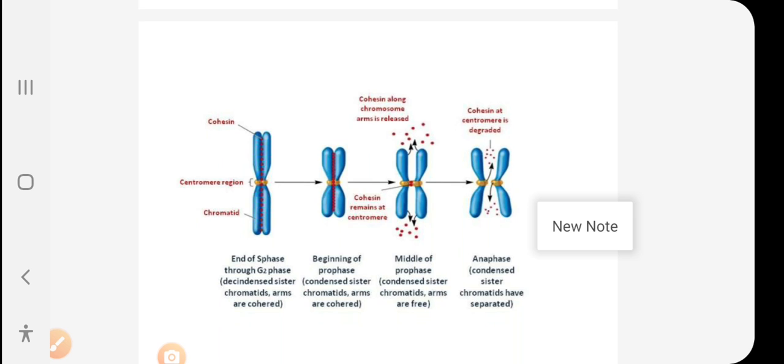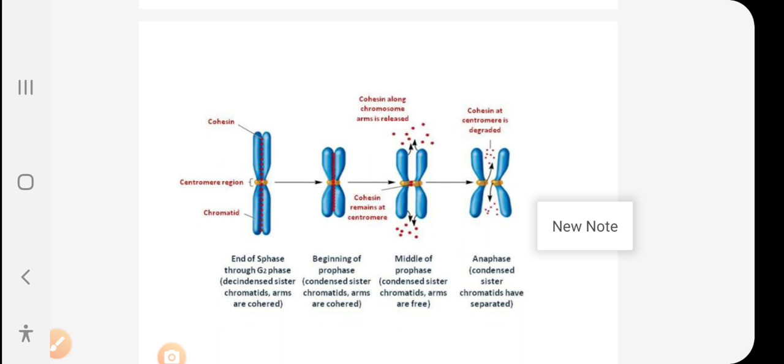This chromosome has two identical, symmetrical chromatids. After the end of the S phase, a chromosome has two sister chromatids, but they are not separated. When the chromosome enters cell division, the prophase, they are still not separated.